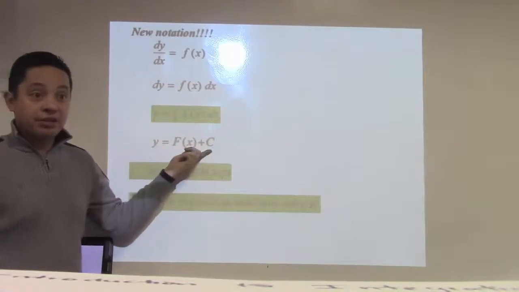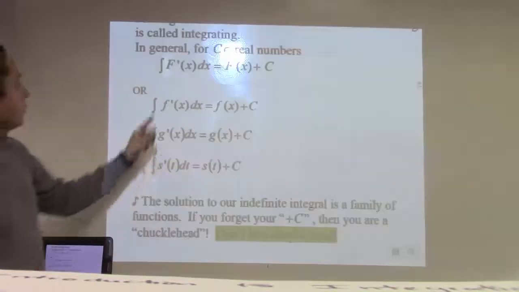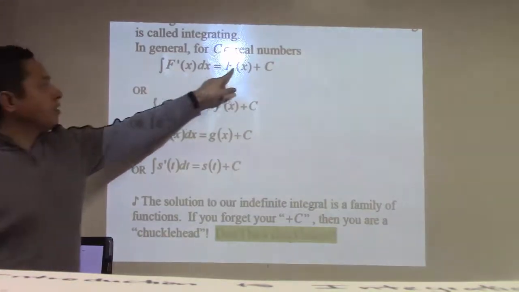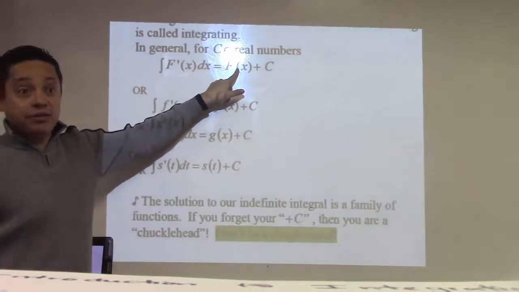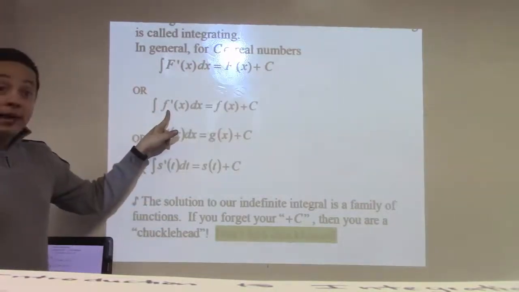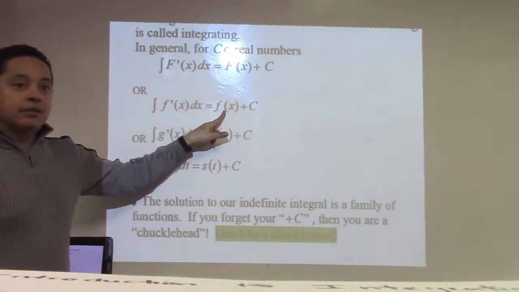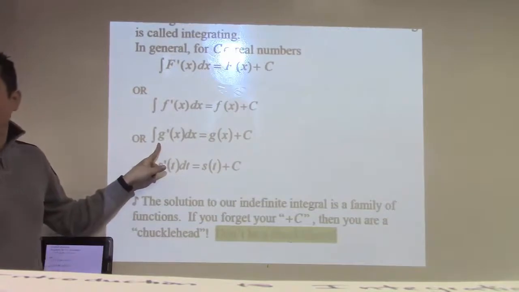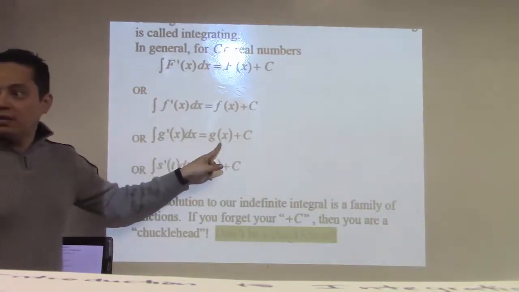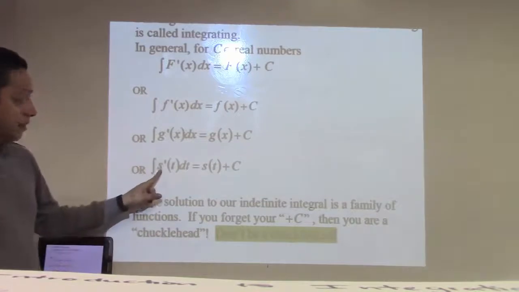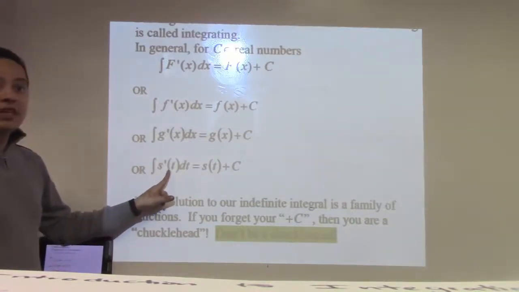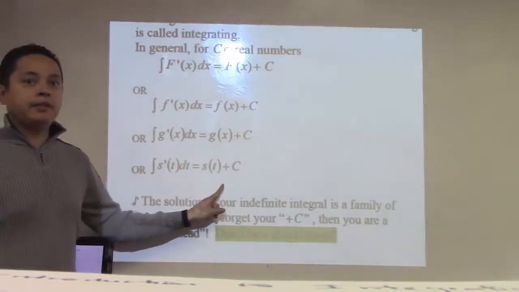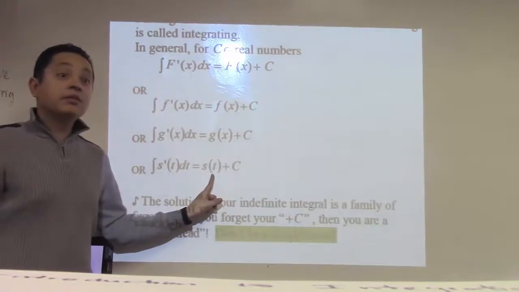It's big F plus C. Big F prime, take the antiderivative, well, you just remove the tick mark, so the antiderivative is just big F also, plus C. Little f prime, antiderivative, just remove the tick mark, so it's just little f. g prime, antiderivative, so it just becomes little g. S prime of t, you remove the tick mark. So it becomes S of t.